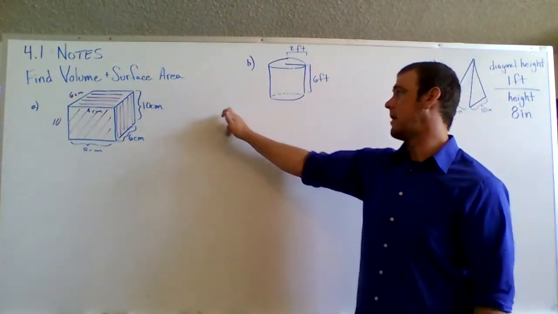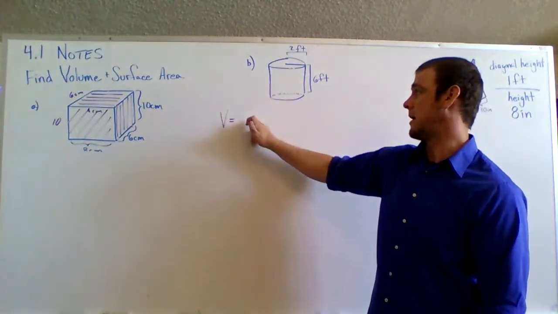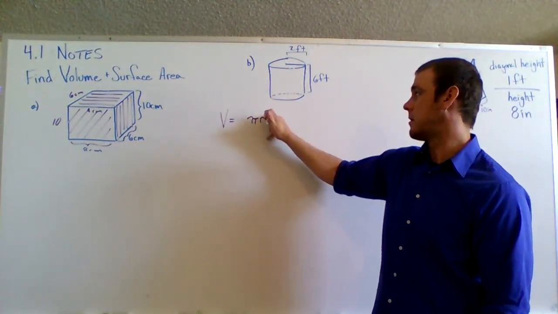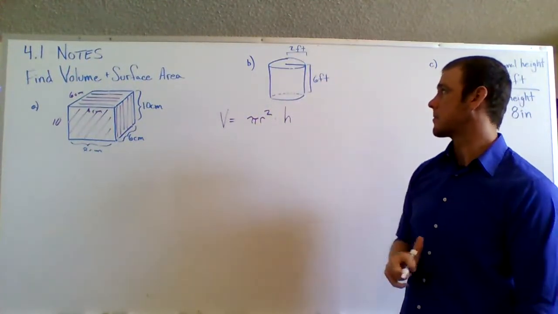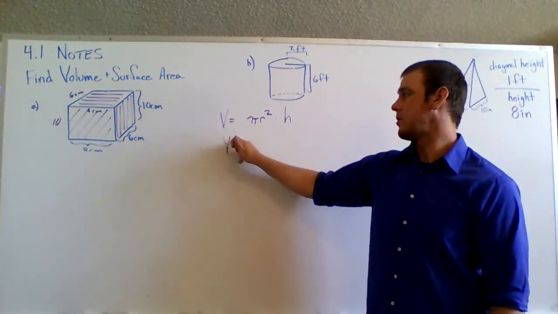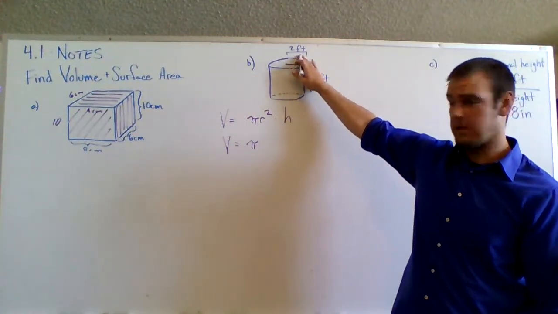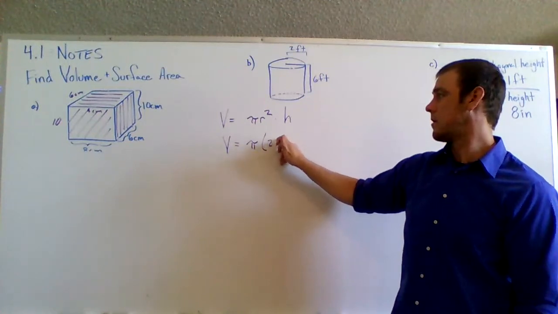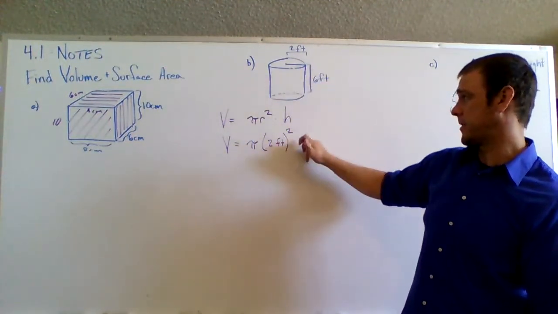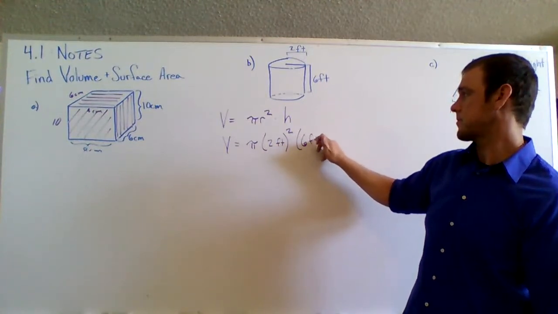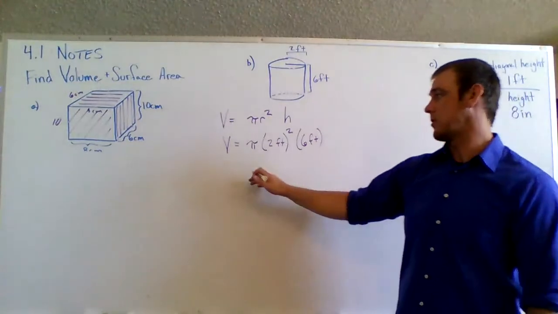Okay, so to find the volume of a cylinder, what we're going to do is take the area of the base, which is pi r squared, and multiply that by our height. Okay? So my volume in this case is going to be pi. My radius is 2 feet. We're going to square that and multiply it by our height, which is 6 feet. Alright, so 2 squared is actually going to be 4.